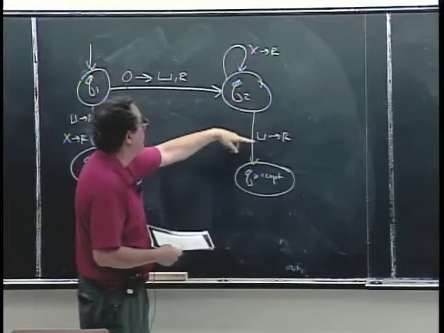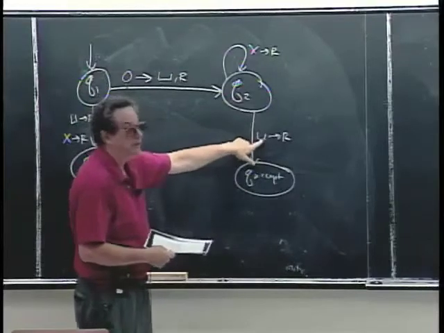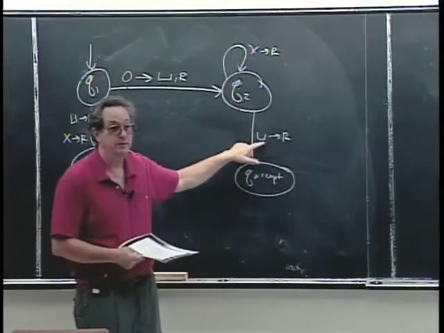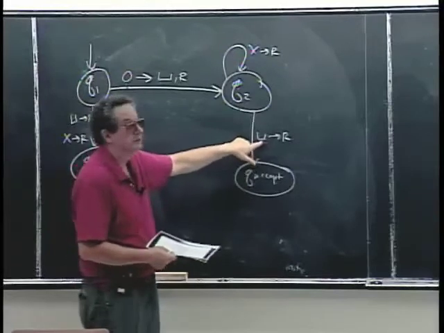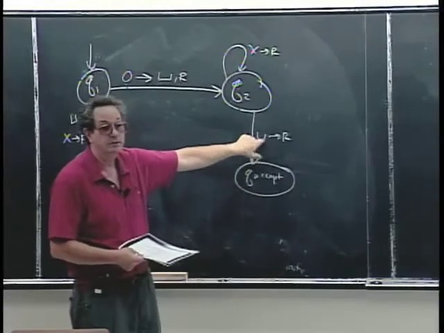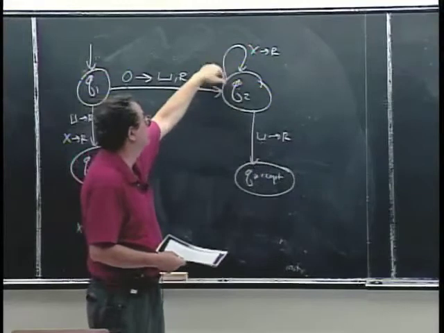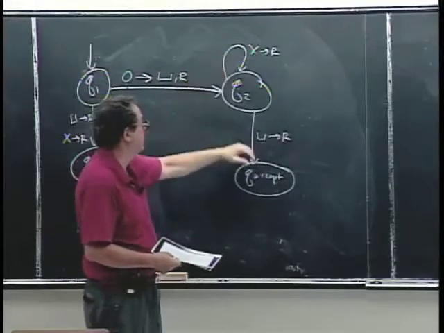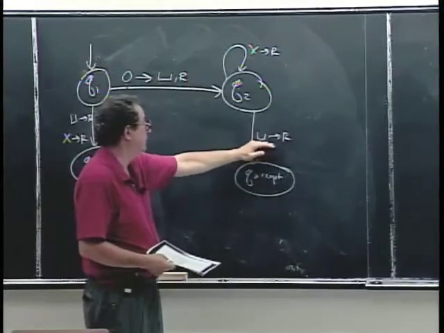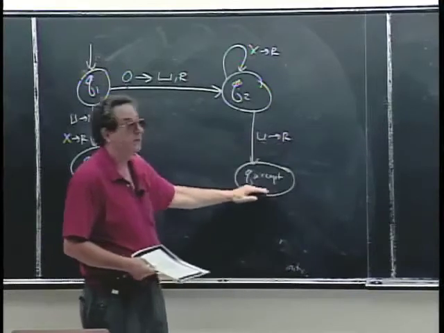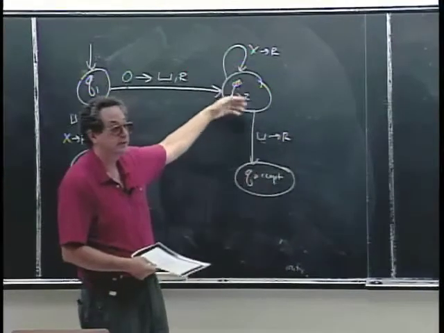And then here, you're seeing the right end of the tape, because you've hit the blank. Okay, so if you're zipping through the X's, and then you finally hit a blank, you're going to go right and accept. Now we have to see the rest of the machine to know that this is the right thing to do.